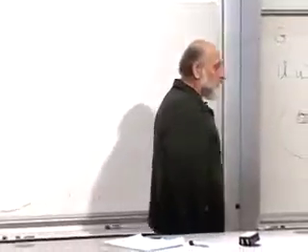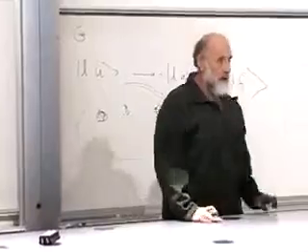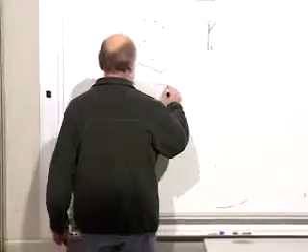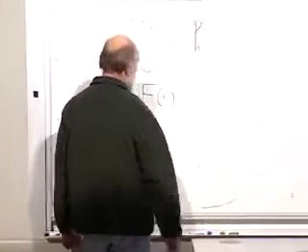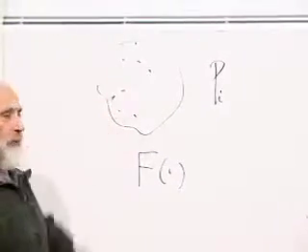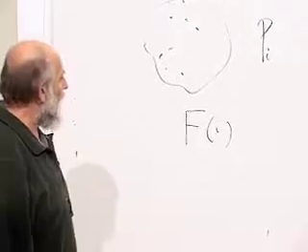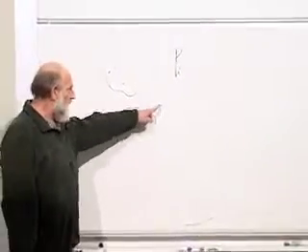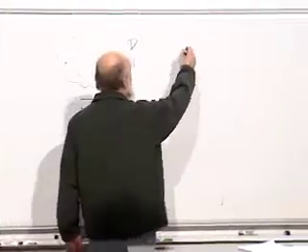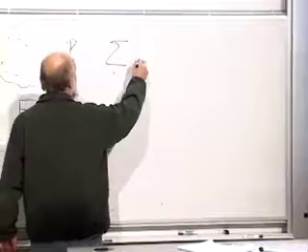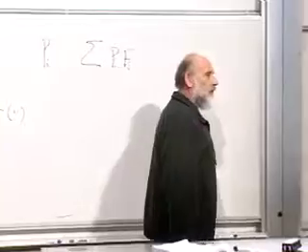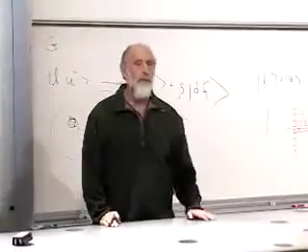Some function which takes on different values for different states. So we can call it f of I. An observable is just a function of the configurations. When you observe it, you find out something about which point you're at. The average of f, given a probability distribution P sub I, is, of course, the sum over I of P sub I, f sub I. You just weight the different values of f with the appropriate probability. Remember, the probabilities all add up to 1.